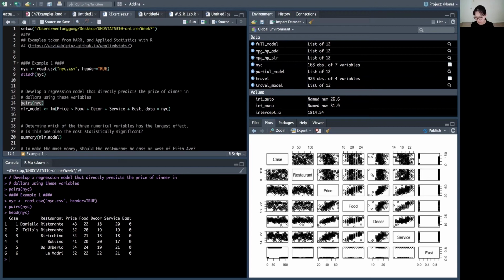For example, for this small plot, the y-axis is the price and the x-axis is food.